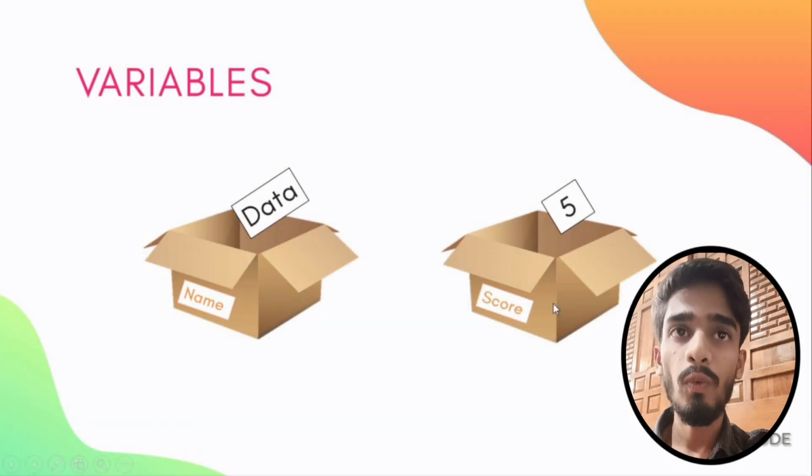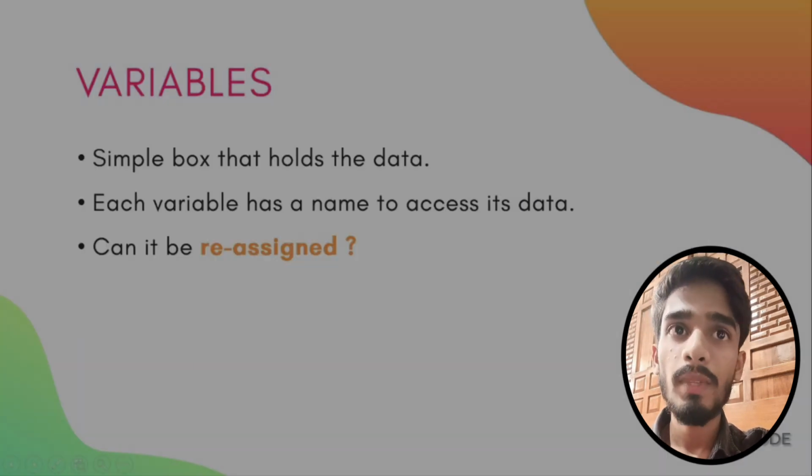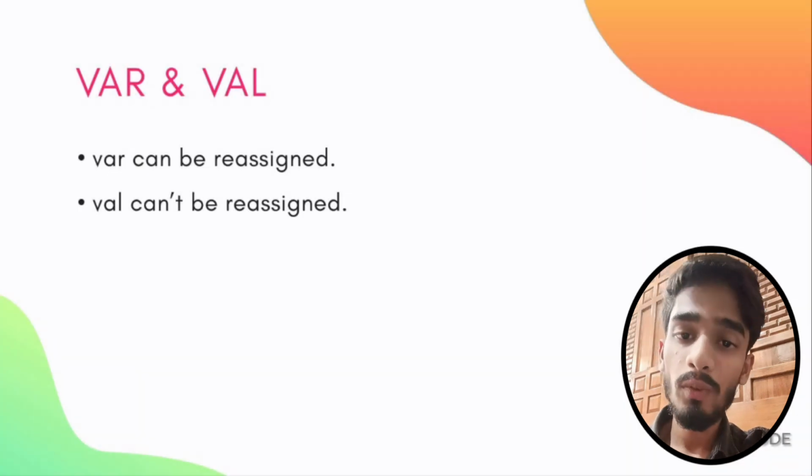Now what are variables, what are constants in Kotlin? Variables are nothing but we store data in a box. They are nothing but a box in which we store data. In variables we have two types of variables.